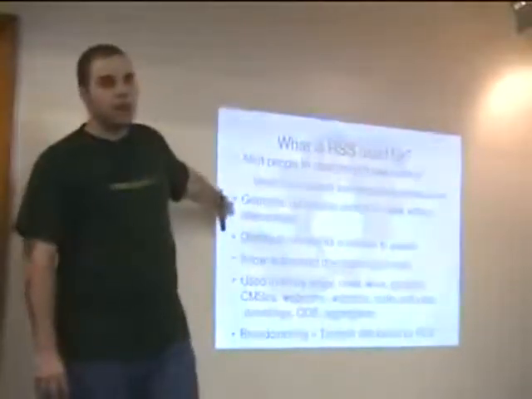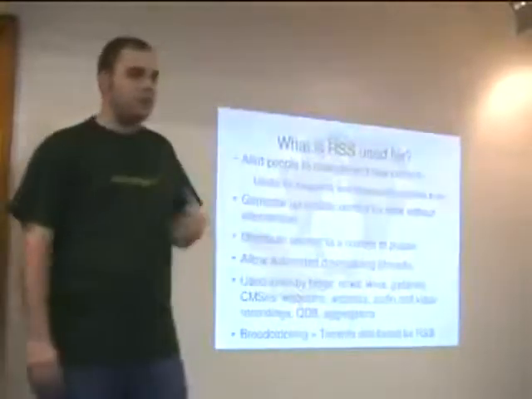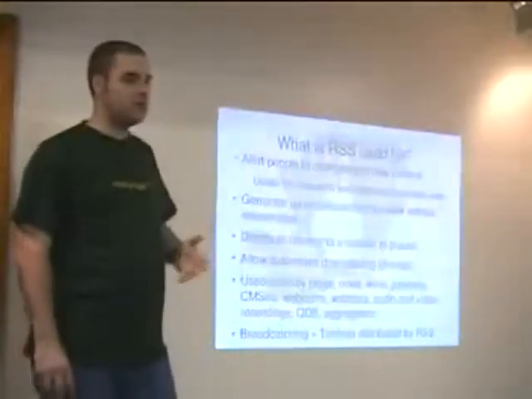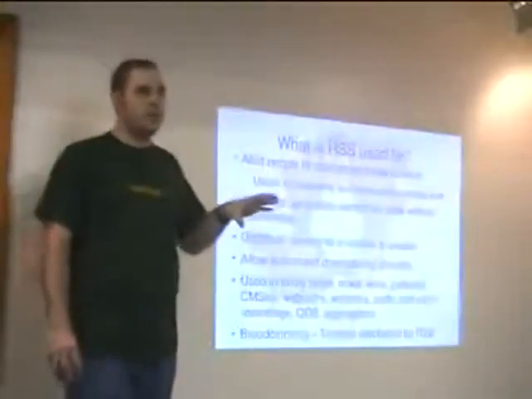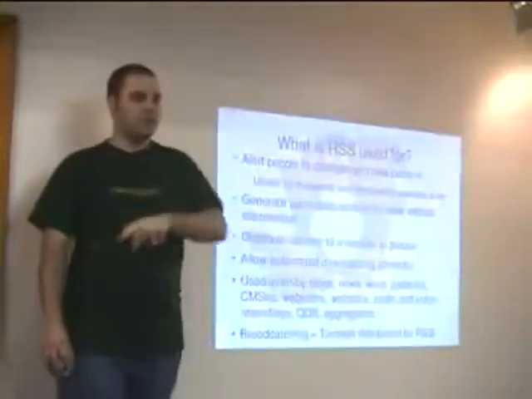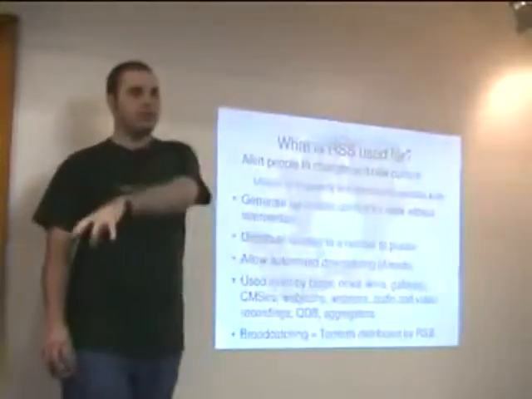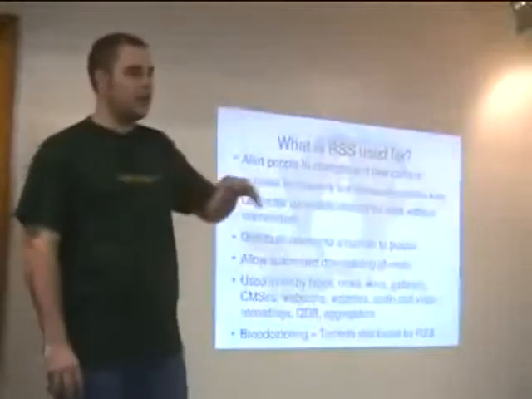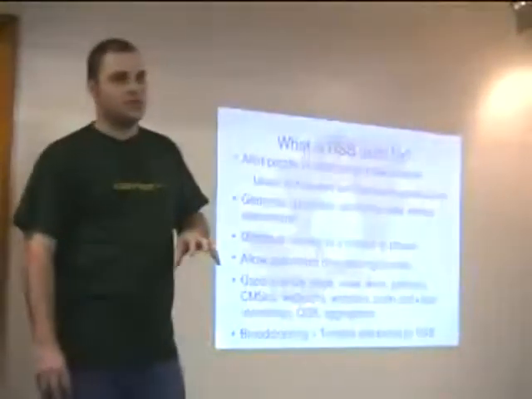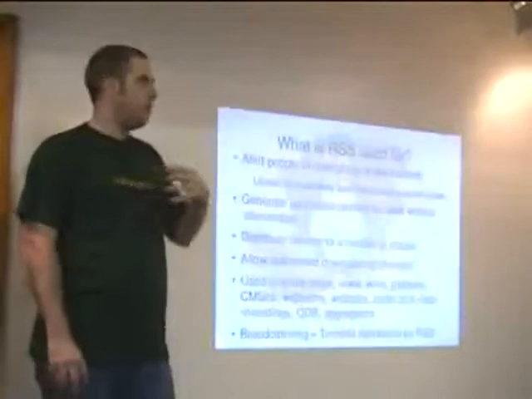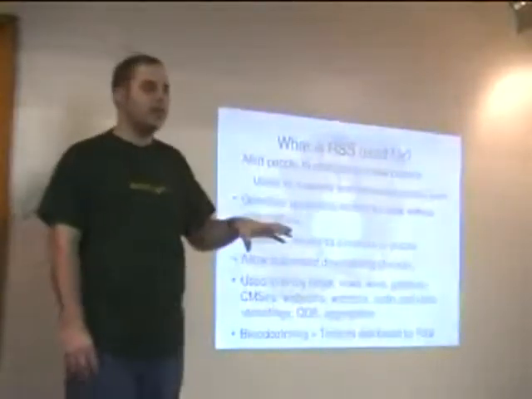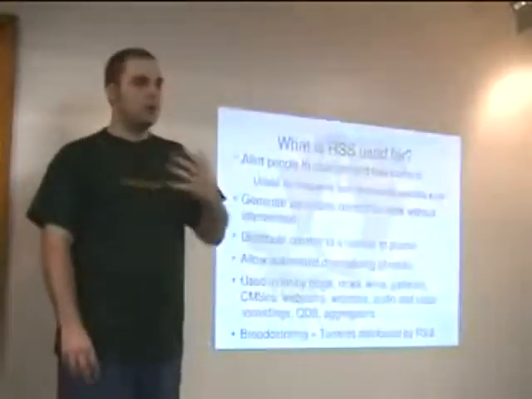It's also useful to generate up-to-date content for sites without intervention, by taking RSS feeds from various people's sites. You can generate your site. So you could take RSS feeds from BBC News and from Planet Handslug, which is all based on RSS, for example, and put them together into one big site.